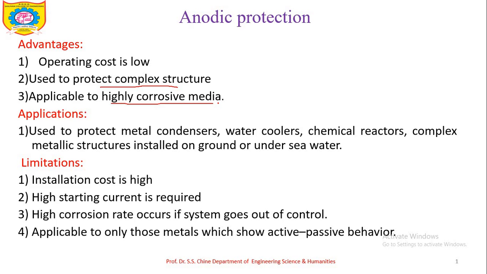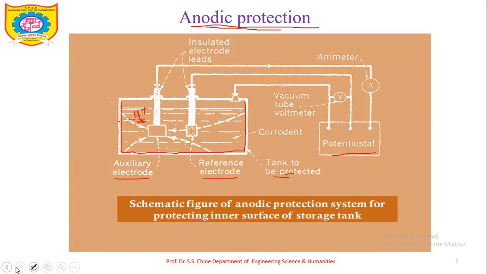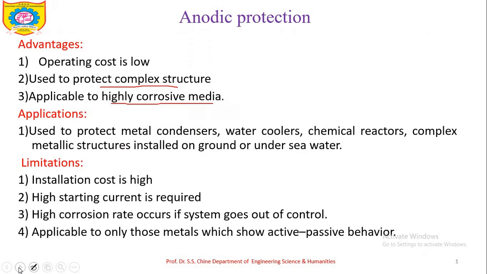Definitely we can't completely avoid the corrosion by anodic protection, but we can reduce it appreciably. Then applications of this. This can be used in metal condensers, water coolers, chemical reactors, complex metallic structures which are installed on ground or under seawater.